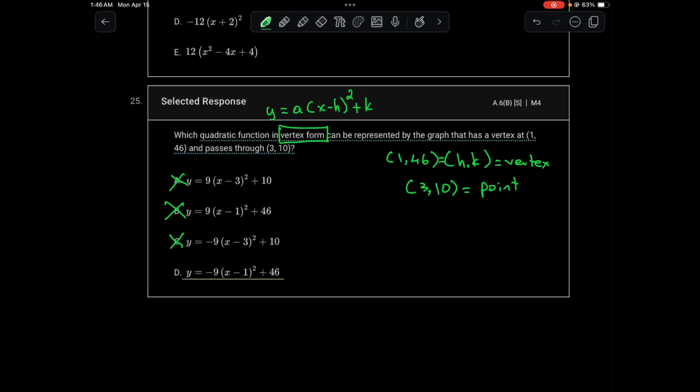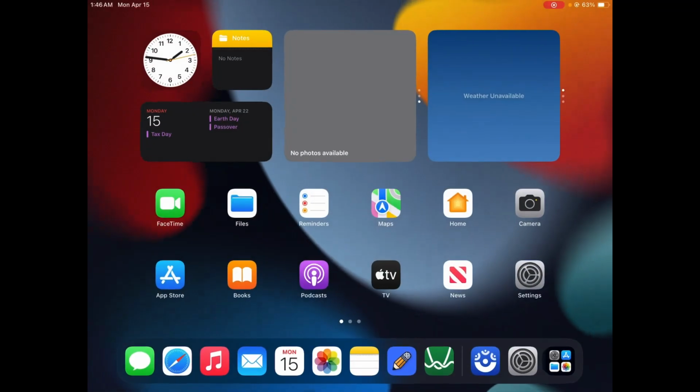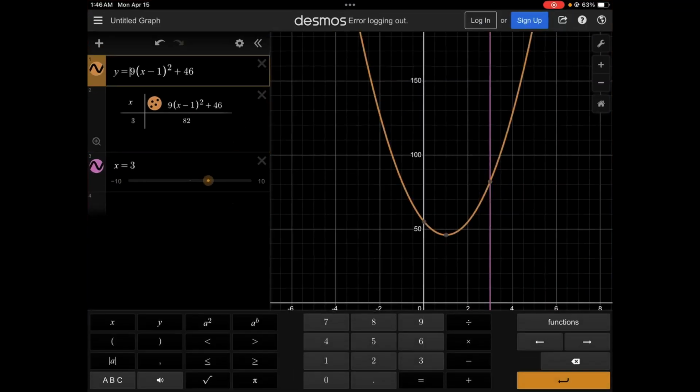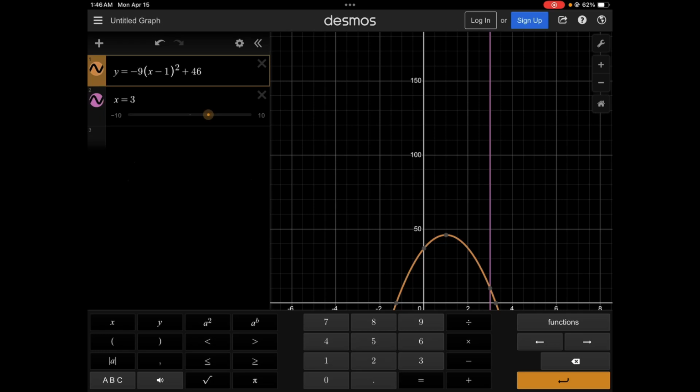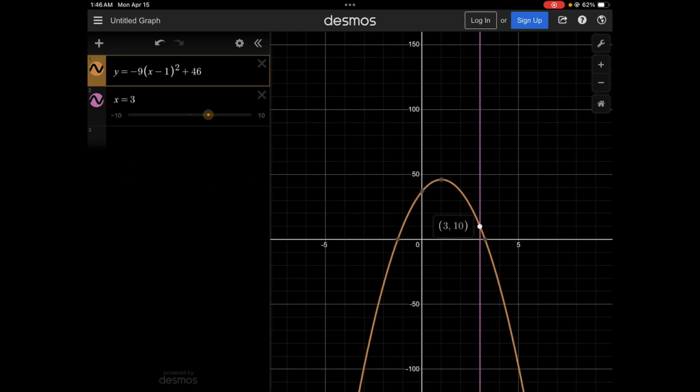Let's plug in the next one. It's the same as the one that I got, only it has a negative. And let's see how things change now. First of all, let's find this intersection. That's 3, indeed it's at 10.